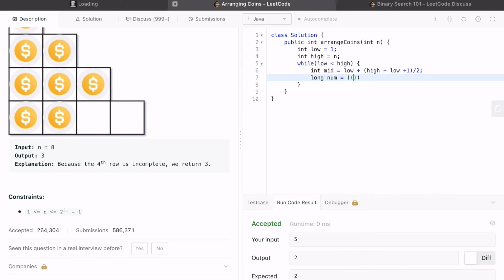I will convert mid into long, times long mid plus 1, divided by 2.